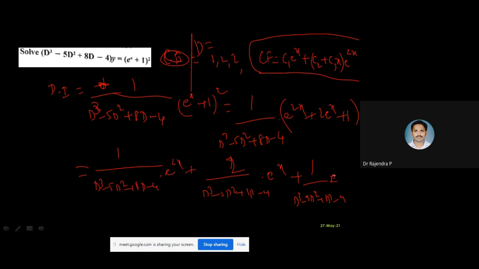Whenever you have a constant, I can write it as e power 0x. All these functions individually are very simple.